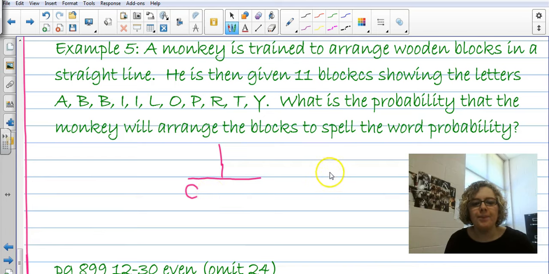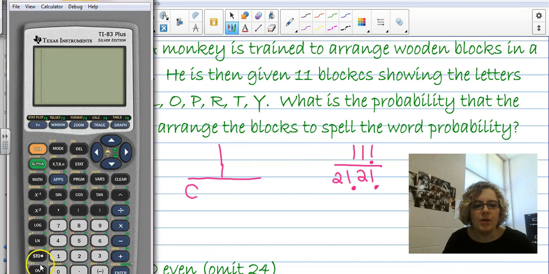All right, so you need to figure out the number of ways you can arrange this. So you put the total number of blocks on the top over each piece. There's only one A, so you don't have to write that down. 2 B's, 2 I's, and then you don't have to write the rest down. So you need to find that number because that's going to be what goes in the bottom. I'll do it in my calculator.